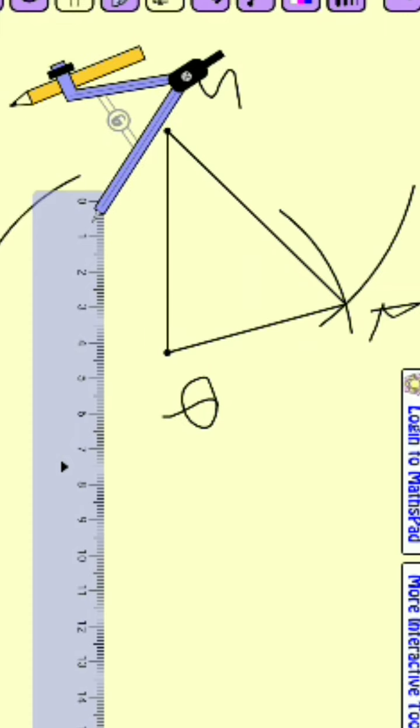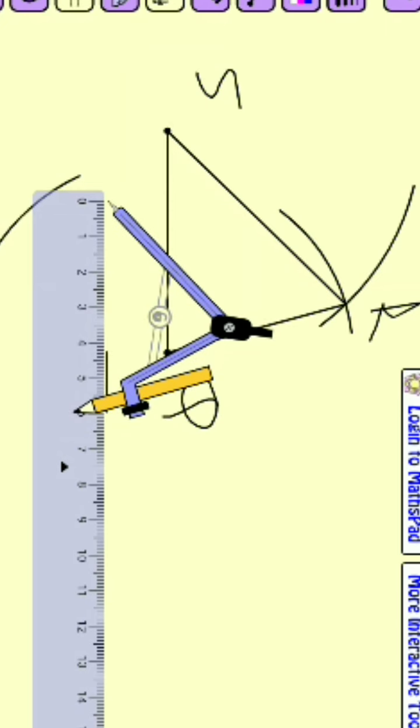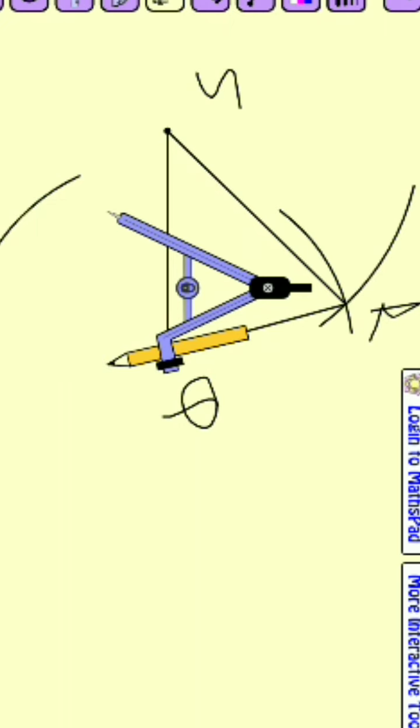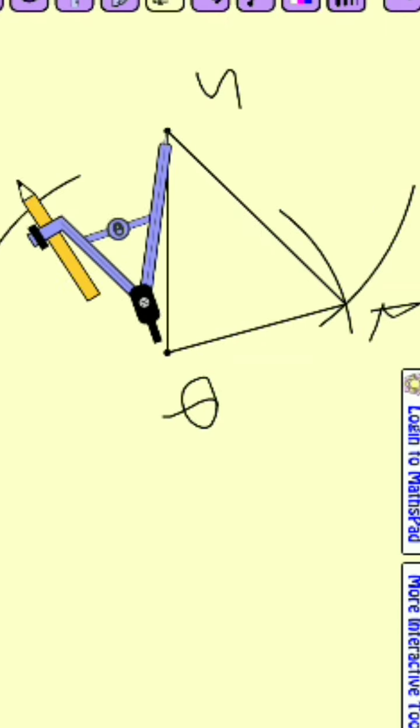So open your compass up to 4.3. Then place it at point S and draw the arc.